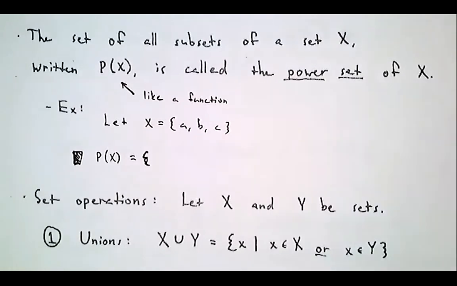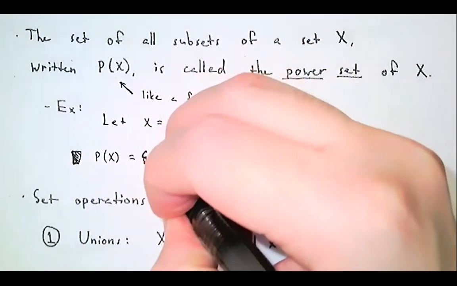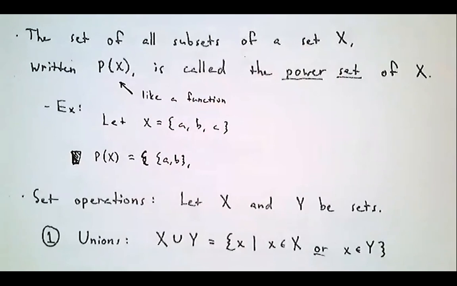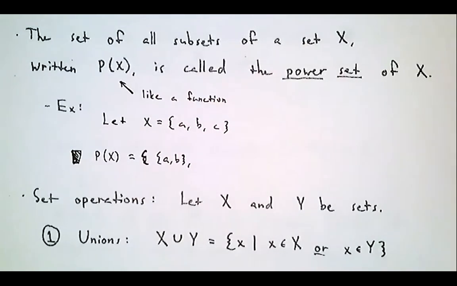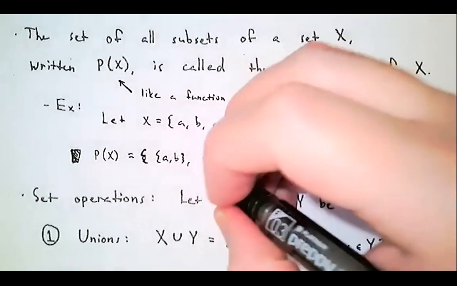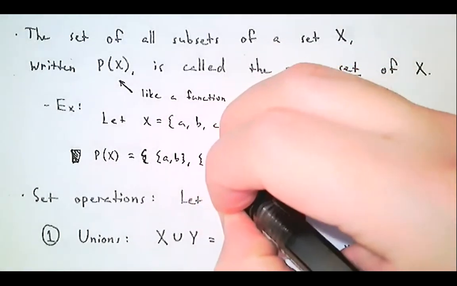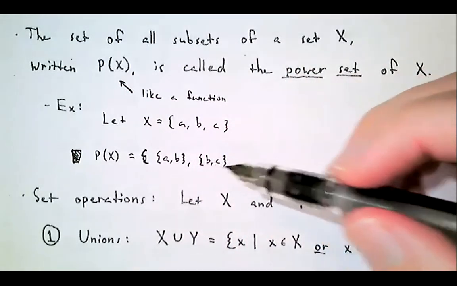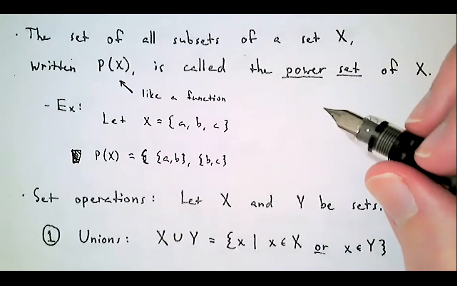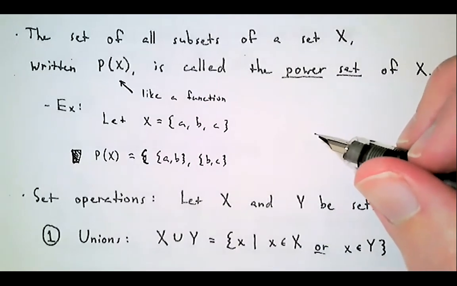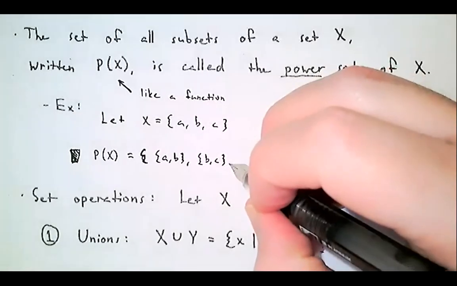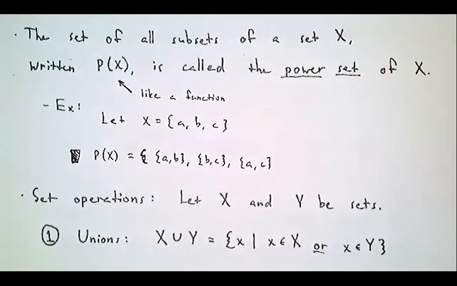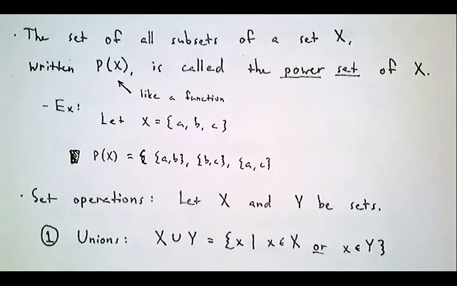A and B. Sure, so we can have just A and B together. Anyone else, feel free to say a few more. B and C. Good. Can you think of another set with 2 elements inside of it? A and C. Right, A and C together. What other? Should A, B, and C be included in there?